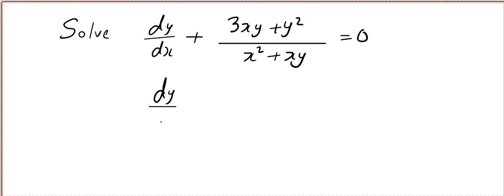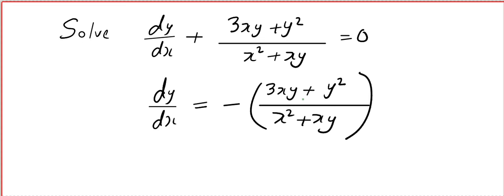First of all, I didn't like the given equation because it's not in the standard format. The standard format that I taught you is dy by dx is equal to format. So changing into the standard format. Now look at this. Obviously this is homogeneous. Degree 2, degree 2, degree 2, degree 2. So you can start with the procedure.